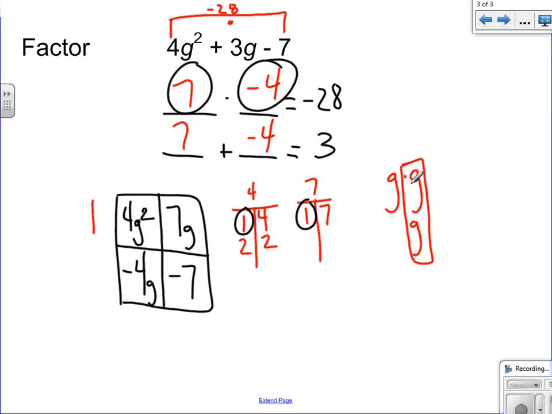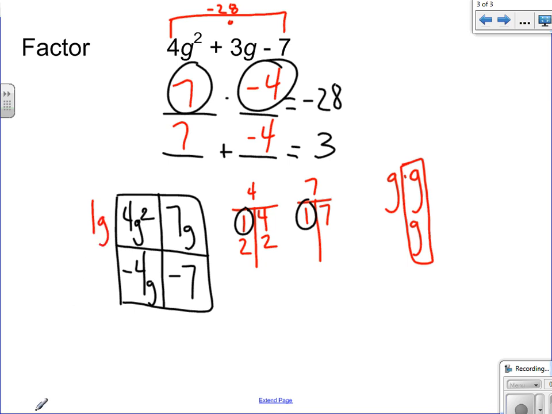The reason why it's not 2 g's in common is because the first box has 2 g's, the second box only has 1 g. We've already used one of the g's in the first box and one of the g's in the second box to make this pair. Now this g would be all by itself, but there's no g's in that second box anymore in order to pair it with. So in other words, how many g's do both boxes have in common? A single g, g to the first.